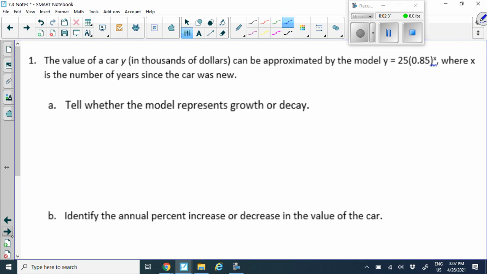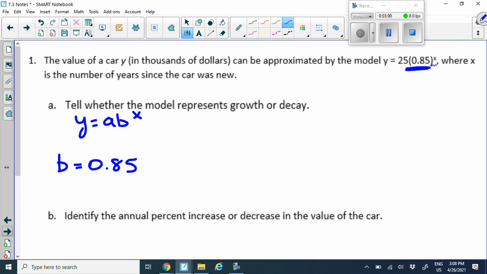Okay, number 1, it says the value of a car y can be approximated by the model y equals 25 times 0.85 to the x, where x is the number of years since the car was new. Now, first we need to tell whether the model represents growth or decay. Well, remember in the form y equals a times b to the x, b can represent either growth or decay. In this case, our b value is 0.85.